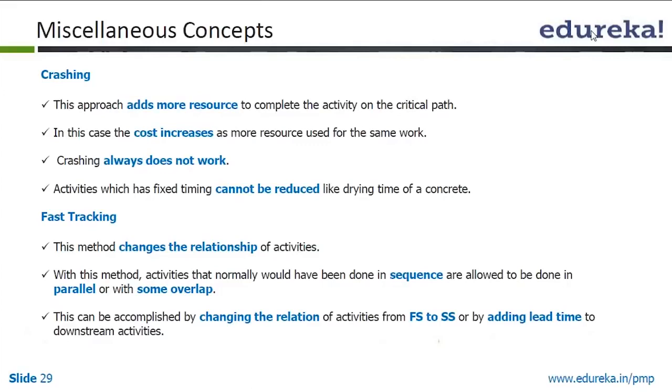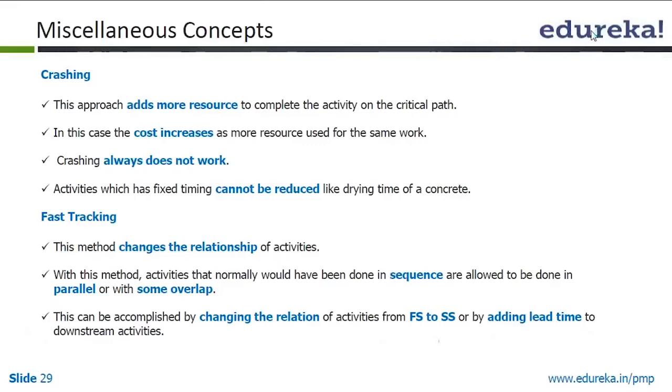Now what do we mean by crashing? In crashing, we add more resources to complete an activity. Suppose we have 3 resources working in a project, if possible we will add 5 resources, meaning 2 more resources, to complete all the tasks faster. Here we are increasing cost.